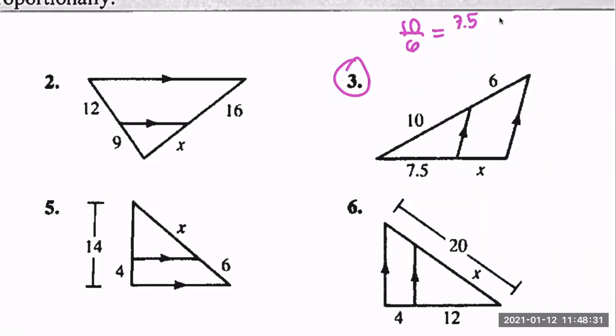Okay, so I see 7.5 over x. Very good. So if you guys then multiply those together, you get 10x.